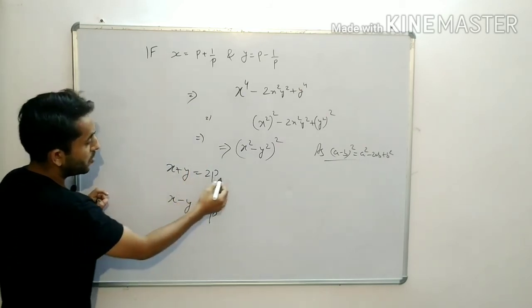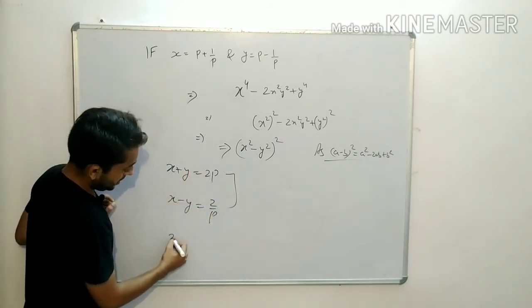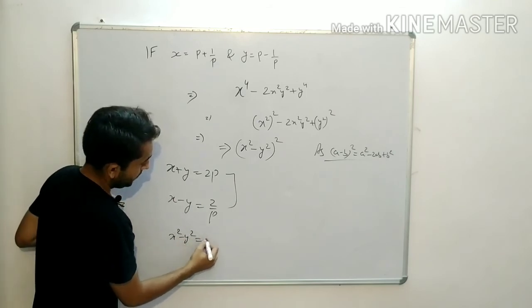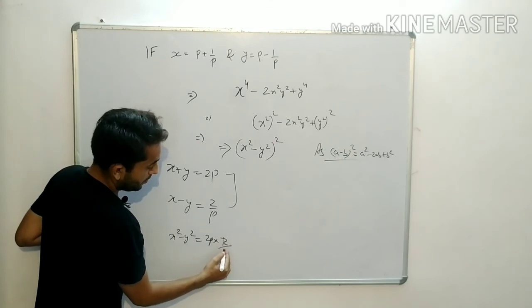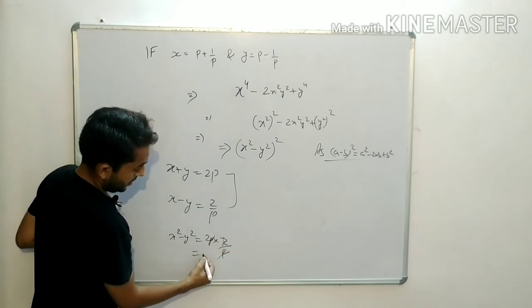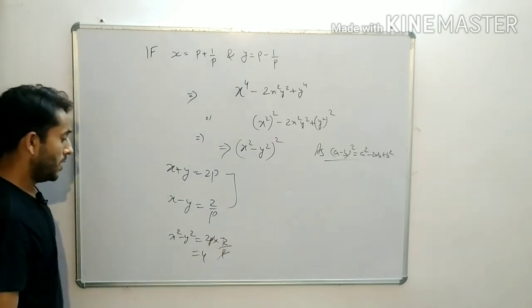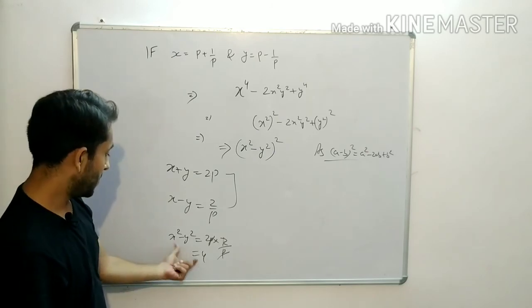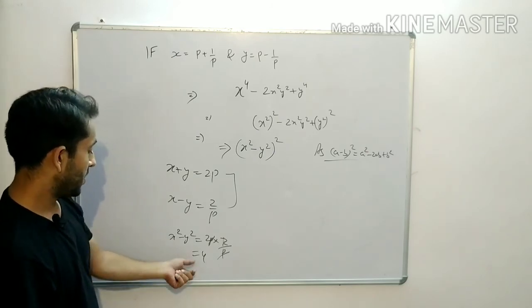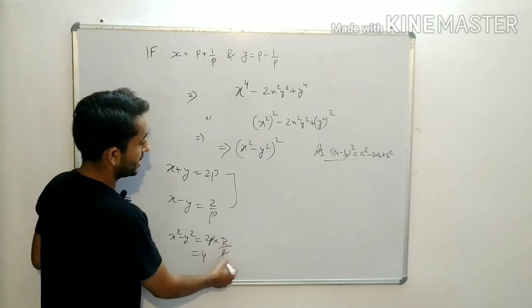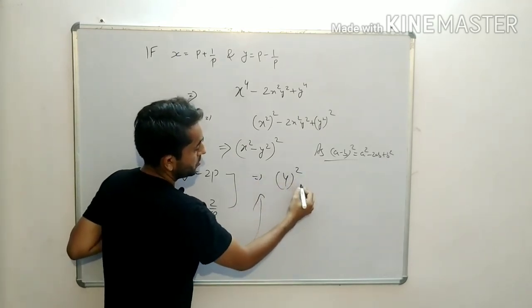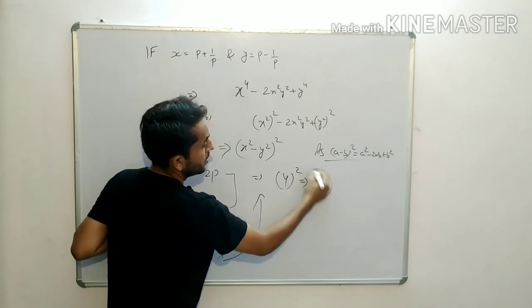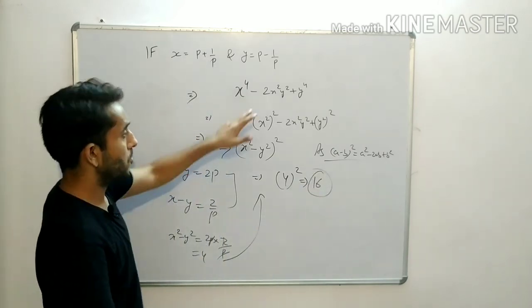So multiply both equations, this becomes x square minus y square, and 2p into 2 by p, p cancel out, and 4. So we can now easily use x square minus y square, that is equal to 4, in this expression. So it becomes 4 square, that is 16. So 16 is the right answer for this.